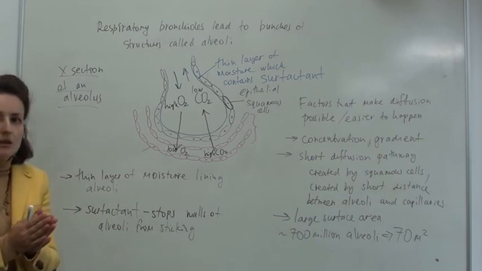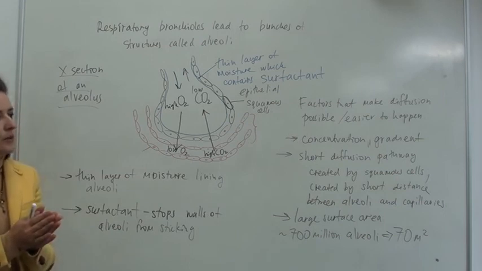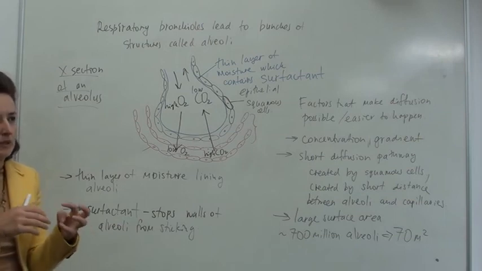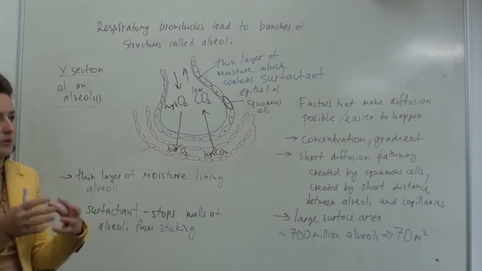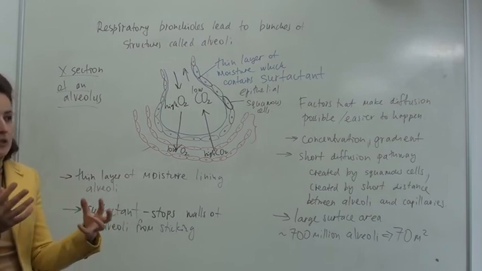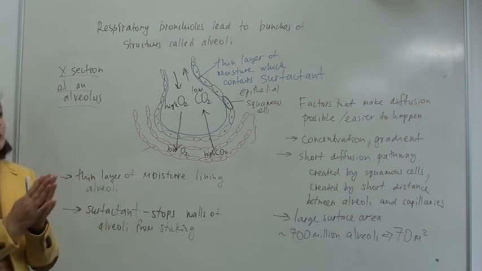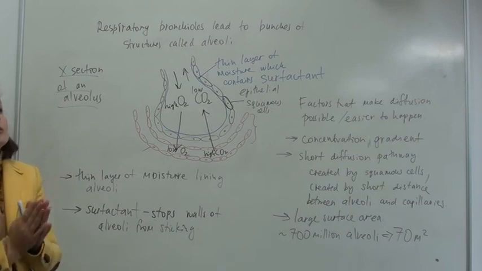Yes, they can. In what circumstances? For example, if you have an infection, because maybe that bacteria or that virus is producing some sort of substances which are stopping efficient production of surfactant, and then your alveoli are going to get stuck together. So it will be harder for this person to breathe.